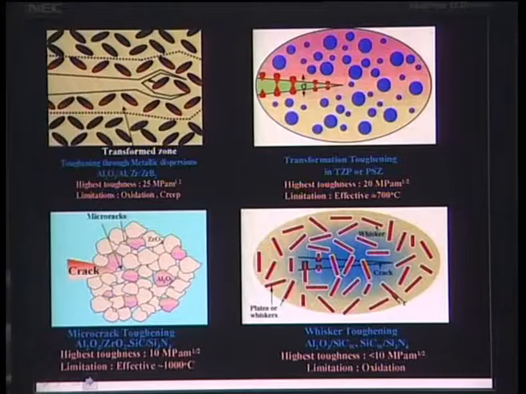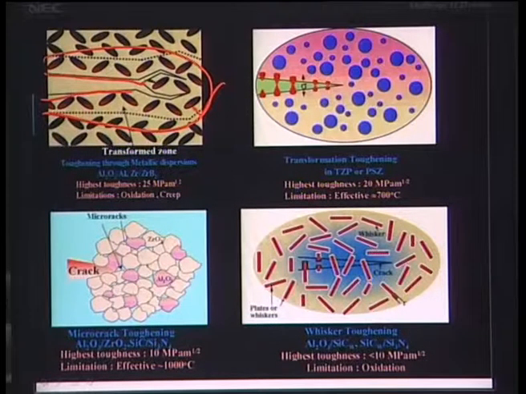Now these are more examples, more schematic diagrams showing how different mechanisms operate. Let's start with the transformation zone here. In the case of this transformation zone, what you see is in the process zone, the dotted zone, your tetragonal zirconia transforms to monoclinic zirconia.